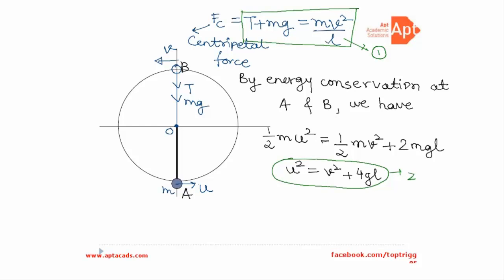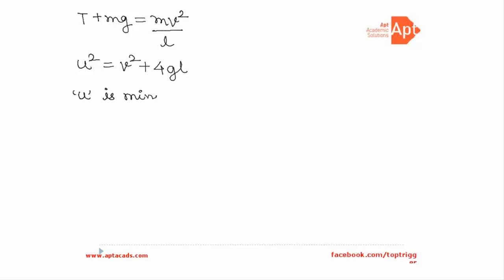We have these two equations. T plus mg is equal to mv square by L. The second equation was u square is equal to v square plus 4gl. Now we know that u is minimum if v is minimum, and v is minimum if T is minimum.